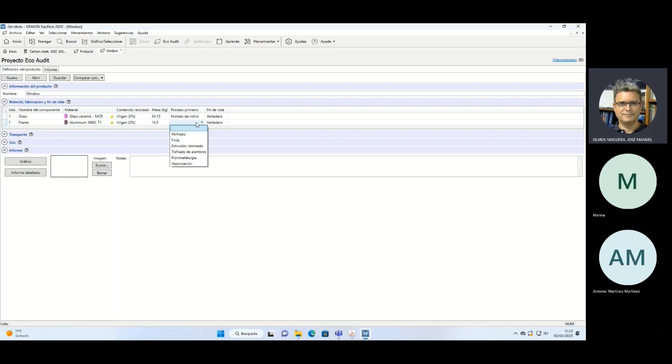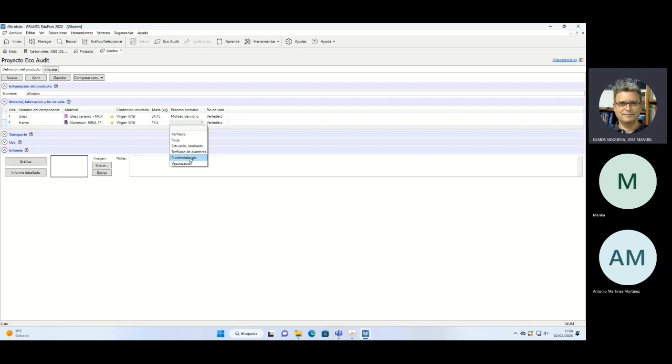How do you translate perfilado? Profile light. We have also forge, extrusion, just to get these wires, vaporization, and this is just kind of metallurgy to work with the powder of the metal.